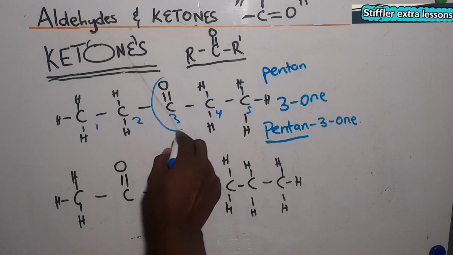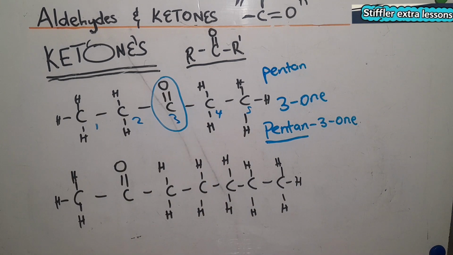The 1, it is the what? The carbonyl group. So it's coming on carbon number 3. So when naming the ketones, then numbering is important, mostly from 5 carbons and more. And on aldehydes, numbering is not important, since the functional group is always at the end of the chain.